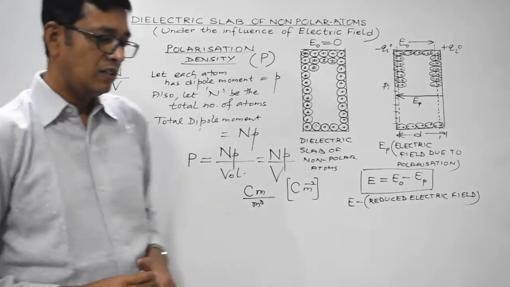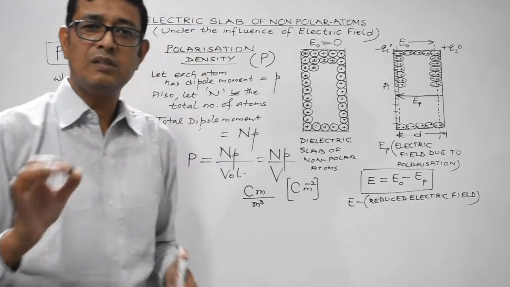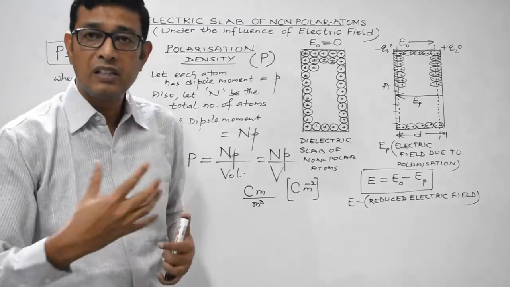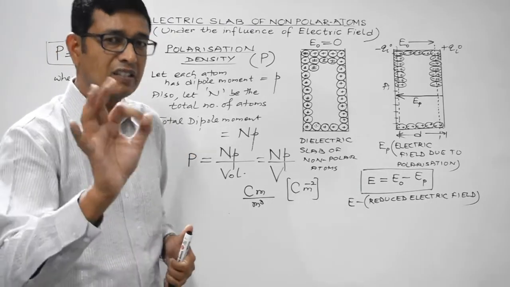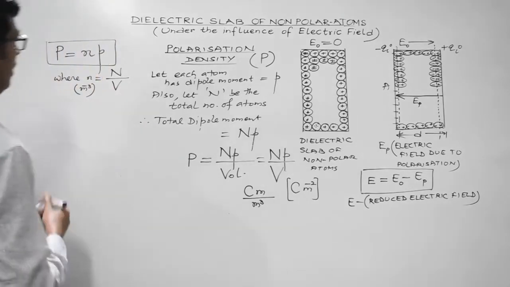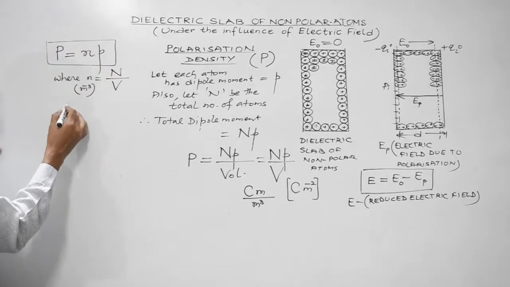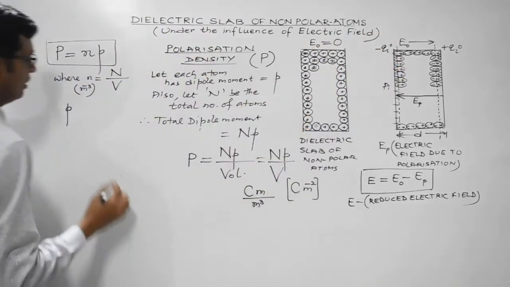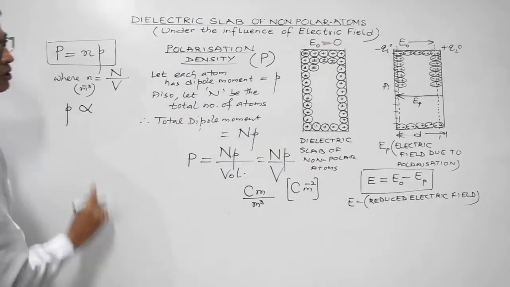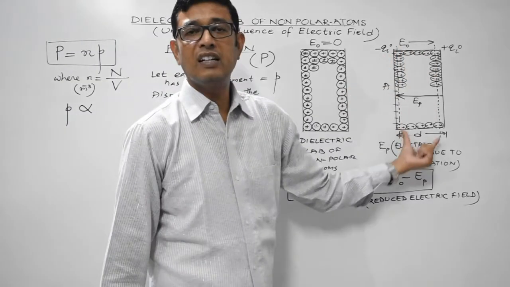Now coming back, there are terms, atomic polarizability and electric susceptibility. Let's discuss those terms as well. Now it is found that the dipole moment induced in each individual atom is proportional to the net electric field inside the slab.